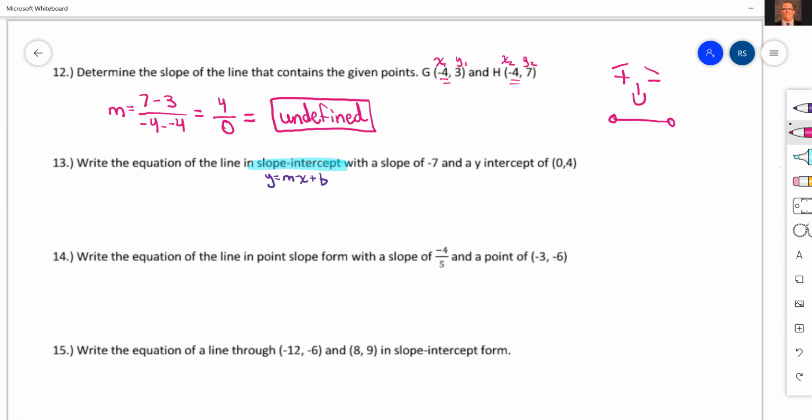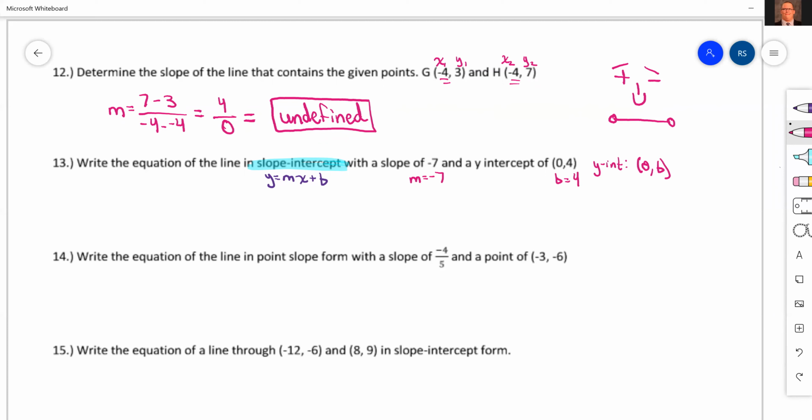They tell us the slope is -7, so m equals -7. There's a y-intercept of 0, 4. Remember, our y-intercepts are always in the form of 0, b. So that means our b here is 4.